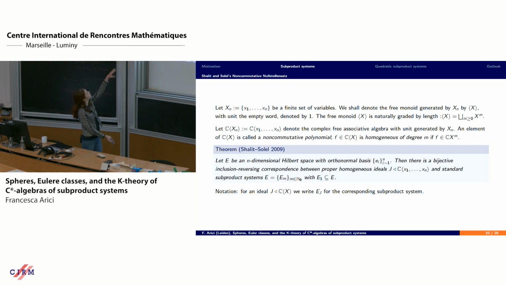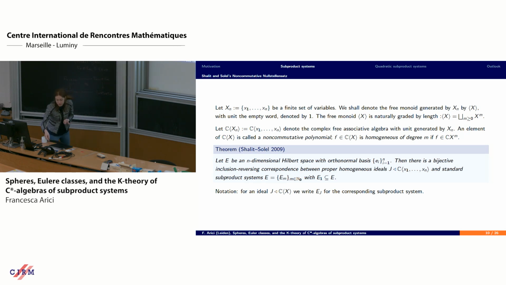So, just some algebra notation. We take a finite set of variables. We look at the free monoid it generates. It's graded by the length of the words. And then we take the free associative algebra with unit generated by this set of variables, and we call that the algebra of non-commutative polynomials.